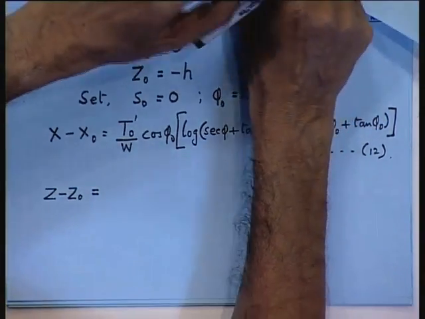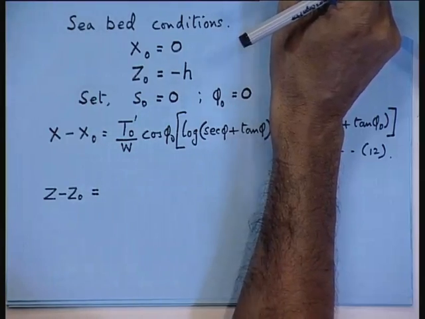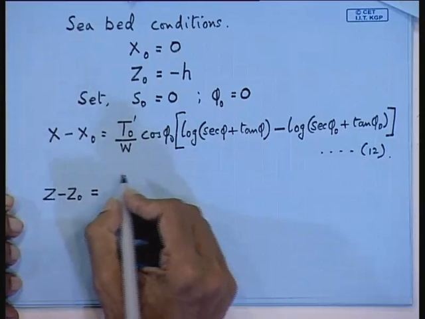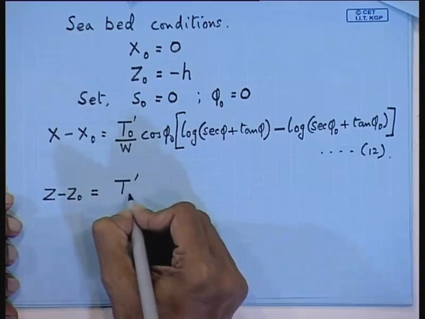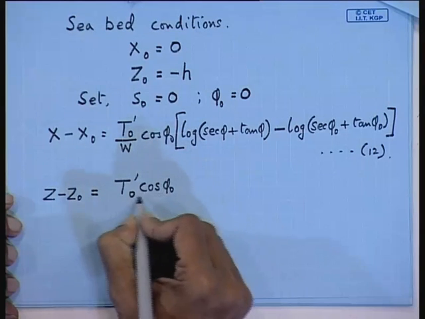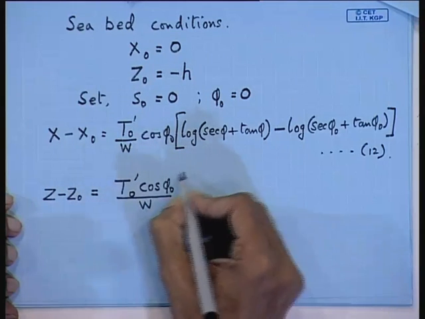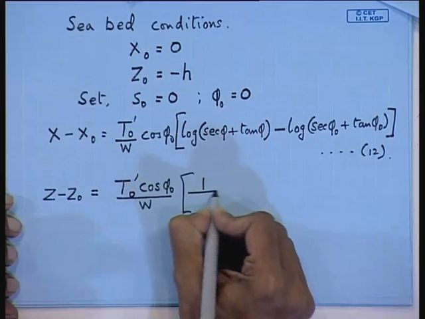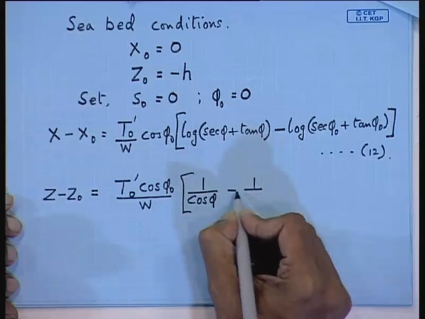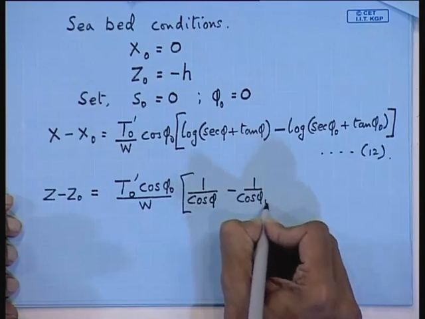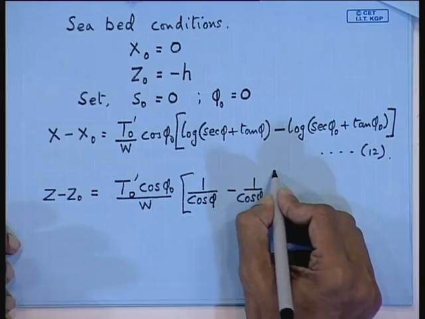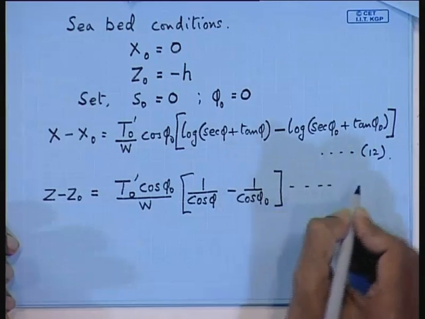That is the vertical projection, multiplied by 1 minus cos phi naught. Now you tell me S minus S naught. That is the expression we require now. So this is, say, equation number 13.